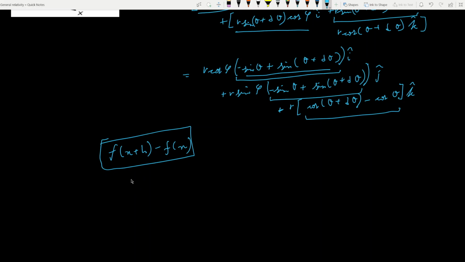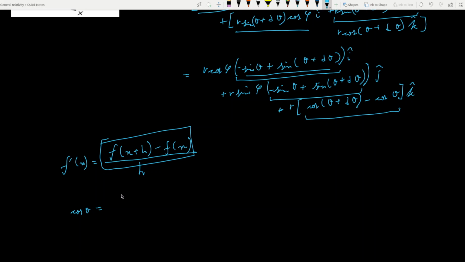Let's see. So let's say we have f primed of x is nothing but f of x plus h minus f of x divided by h. So if f of x is sine of theta, then what's f primed of x? Well, that's cosine theta.